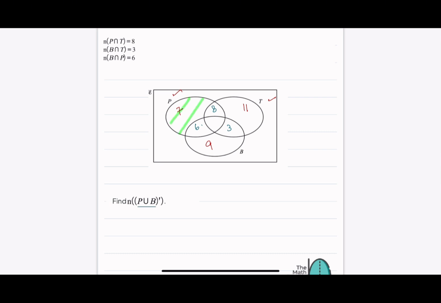This whole thing is P, and this whole thing is B. So you need to find how many people did not use plane or boat at all. According to the diagram, that is (P union B) complement, everything except P union B. As you can see, the only figure remaining is 11.